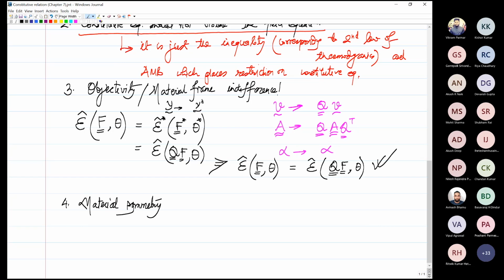So the energy function, or any of the constitutive functions, must be such that it obeys material symmetry. It's a very important topic, and we'll discuss this in depth later on. So it has got to do with why a function is isotropic or transversely isotropic or orthotropic.